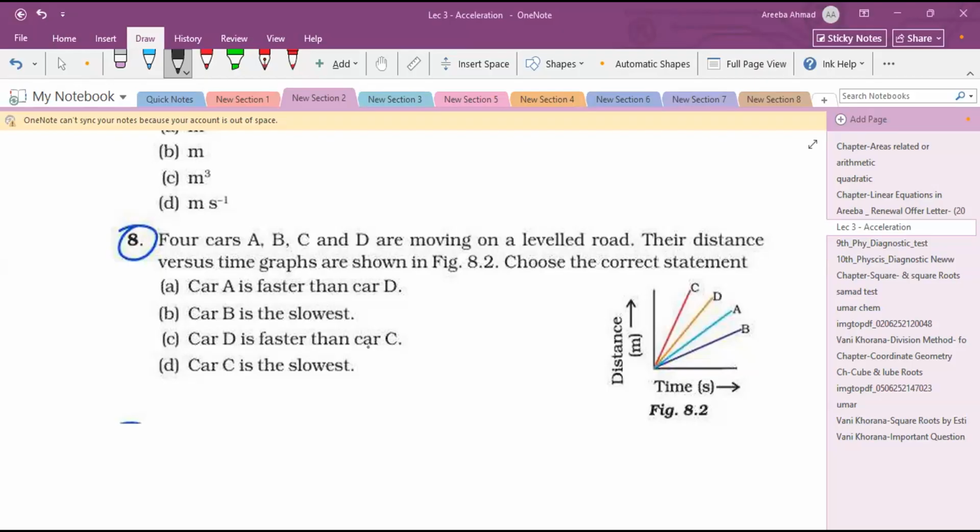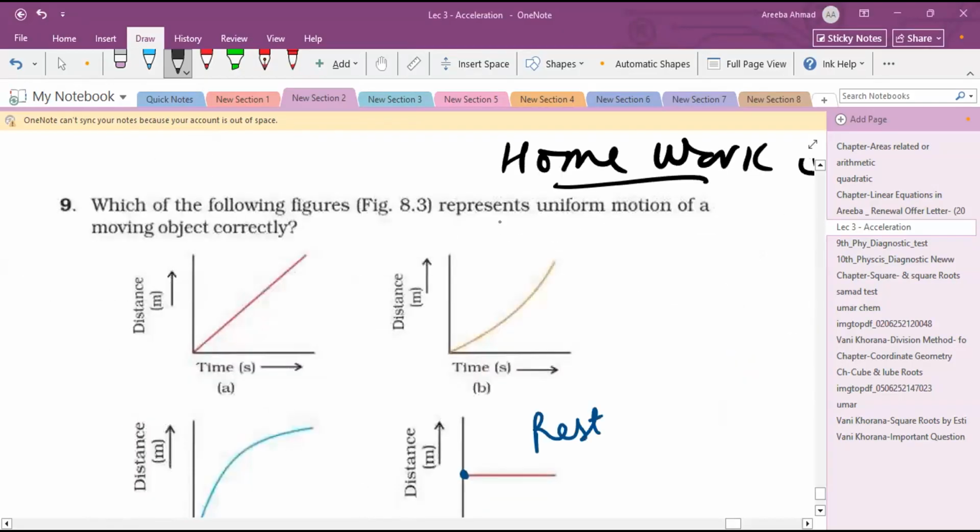Yes, Abdullah is also saying car B. Perfect, perfect. Very good, both of you.